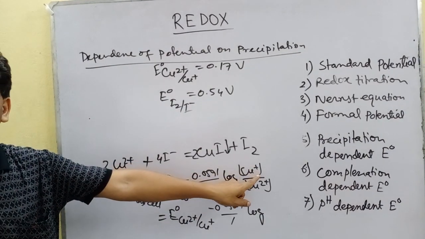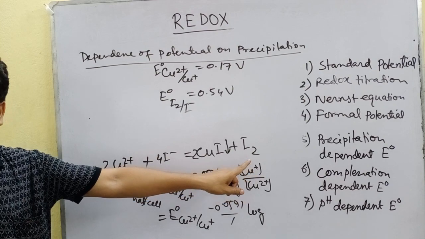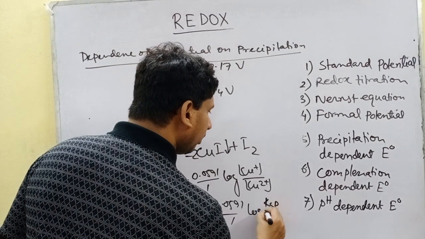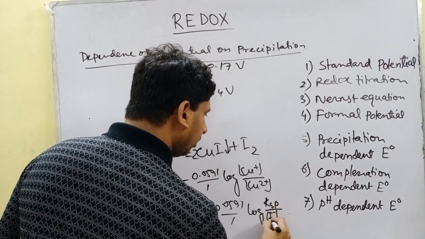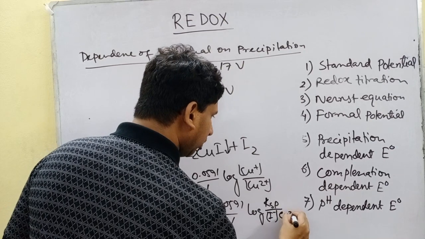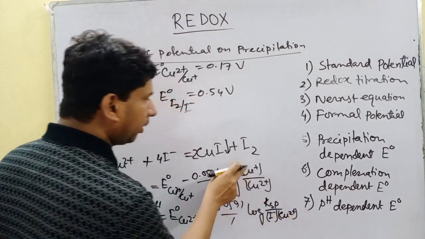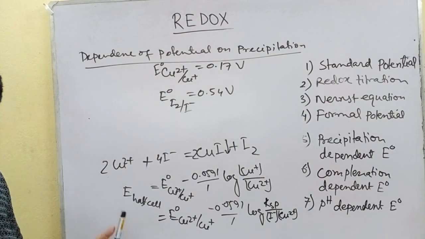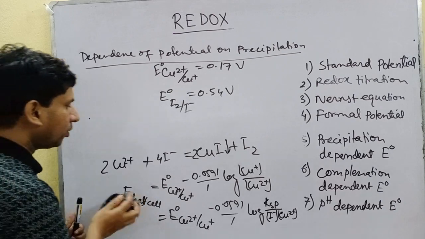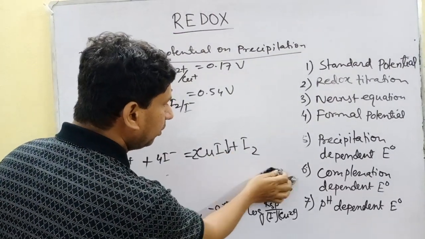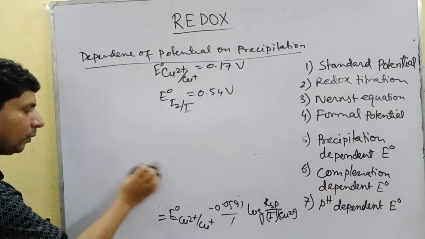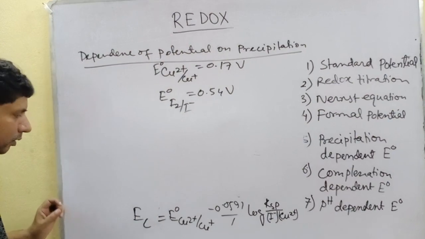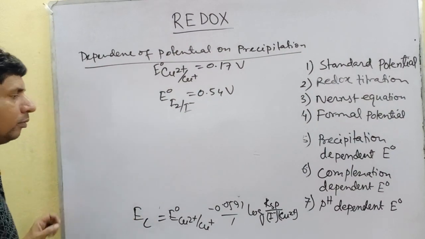the value of this Cu+ we have already said is KSP by iodide, that means KSP by iodide into copper 2 plus, that is its value. Then this is the Nernst equation, the half cell equation, that is E half cell.